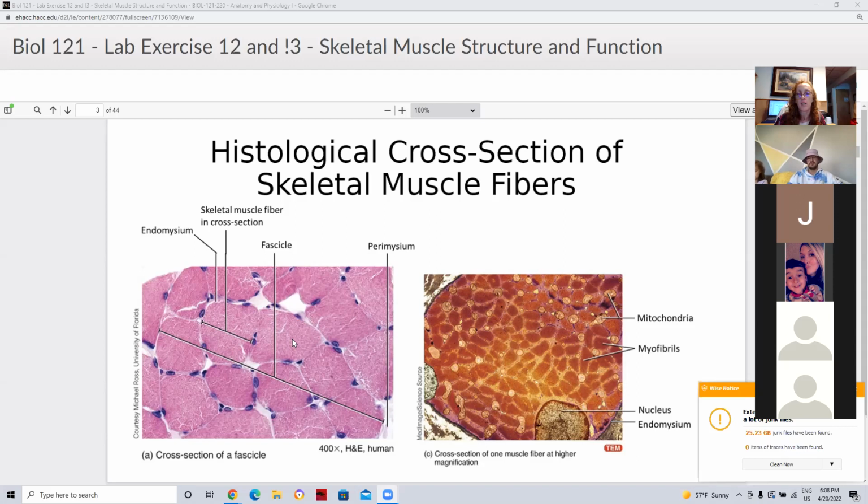Actually, let me say that differently. Each fascicle is a bundle of myofibrils. Inside each myofibril is a bundle of myofilaments. Endomysium wraps around each fascicle. Perimysium is going to wrap around the entire muscle fiber.